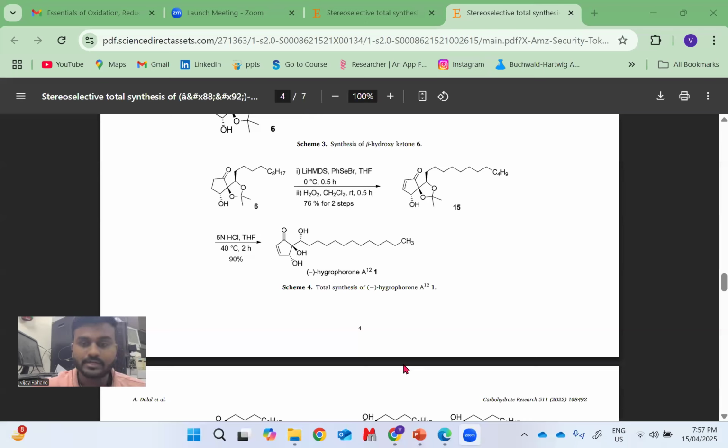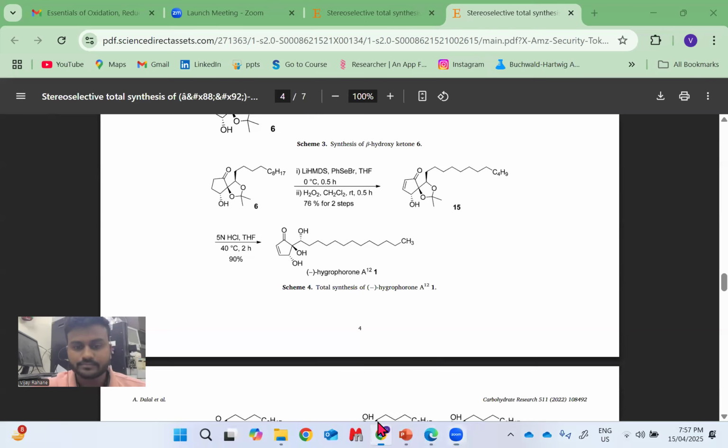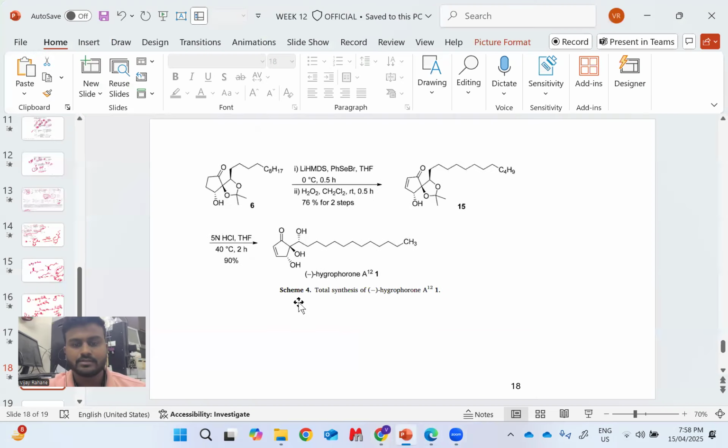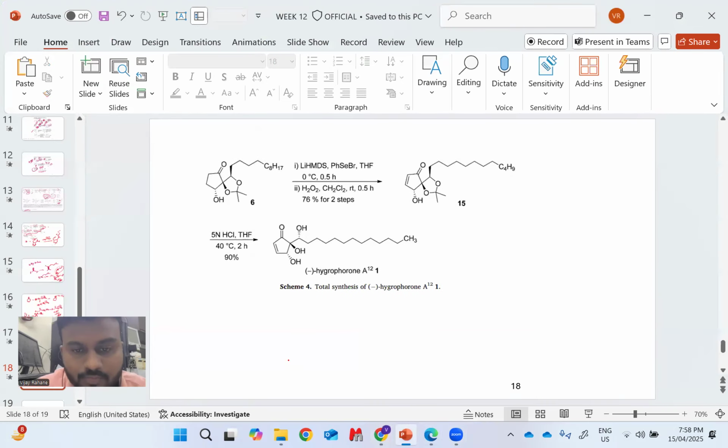So here also this alcohol 6 has been further converted into the hydroferrone A12. So this is the hydroferrone A12. Obviously it is a natural product. I don't know how this generic name comes about, but we'll see the synthesis.